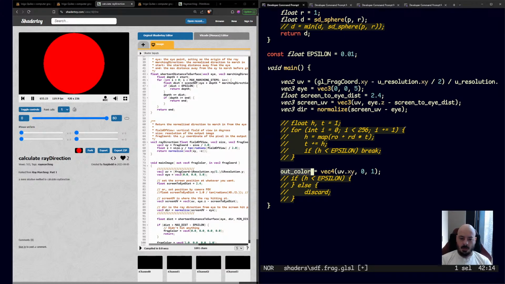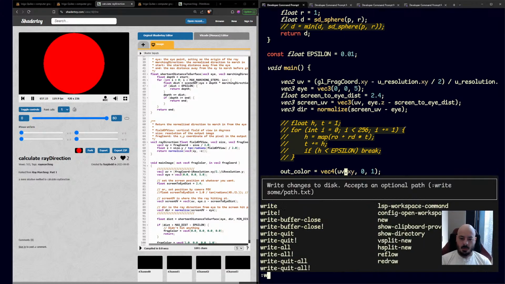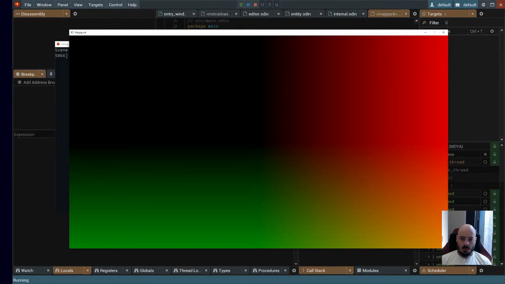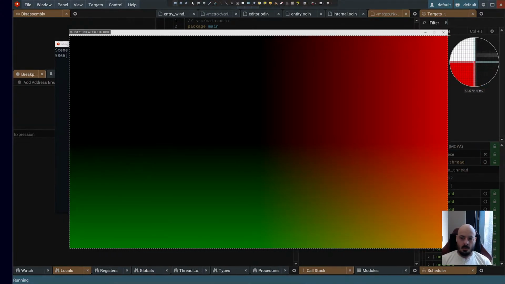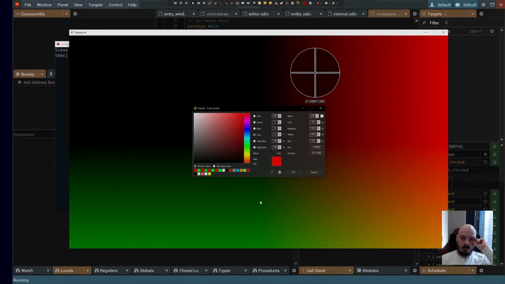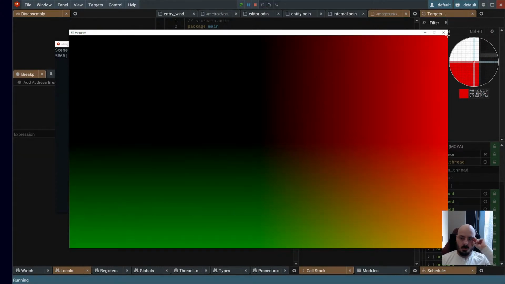All negative values show up as black. So I don't know, that looks like a pretty bright red. Because if this was 0.5, then it would only be half red, right? Let's have a look. Got a little color picker here. Oh, yeah, you're right.